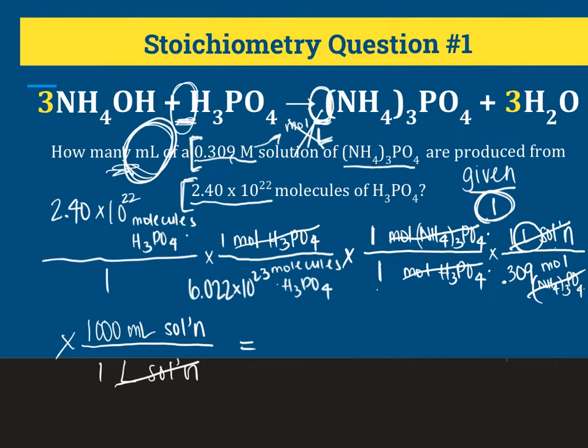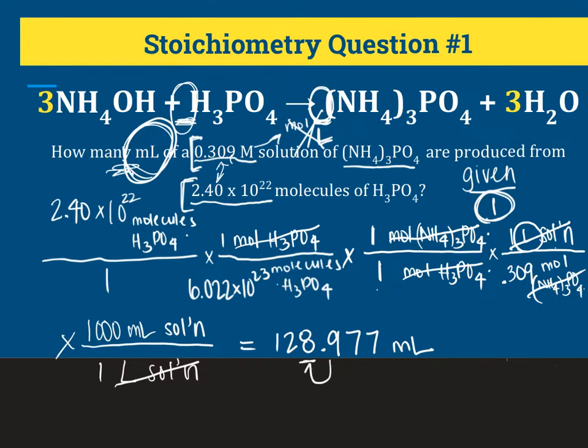And when we plug this into our calculator, we would get 128.977 milliliters. But we know that that answer is incorrect because we have not taken into consideration the number of sig figs. Both of our givens up here, both of these numbers, have 3 significant figures.